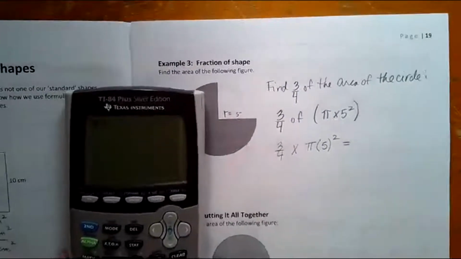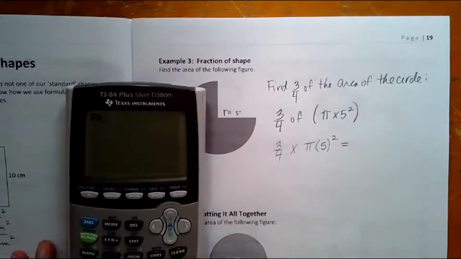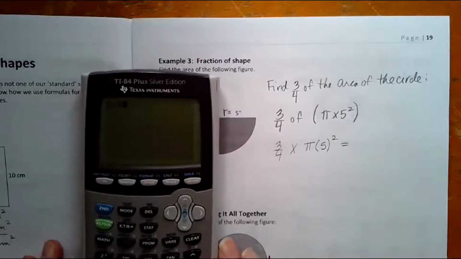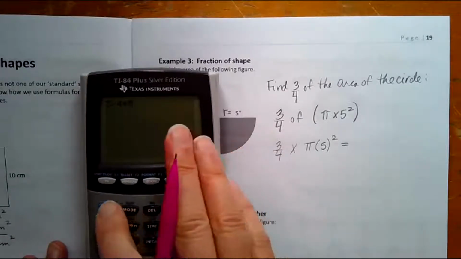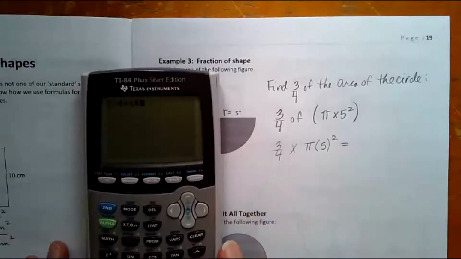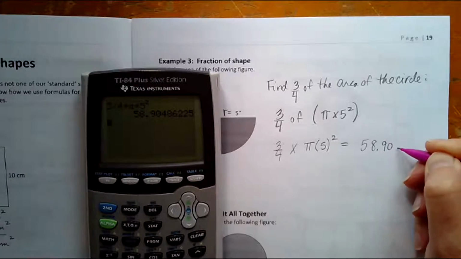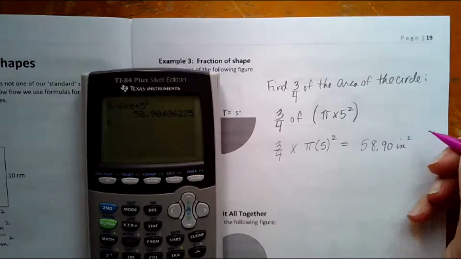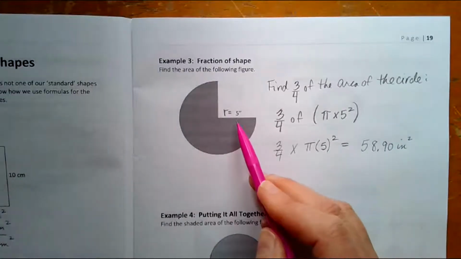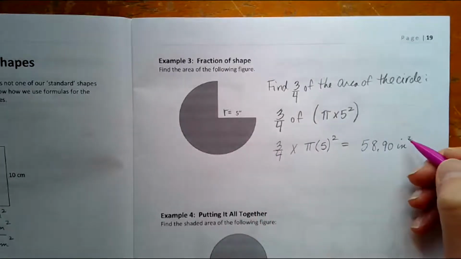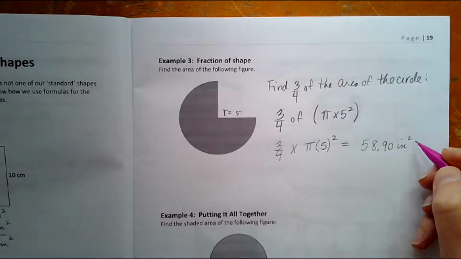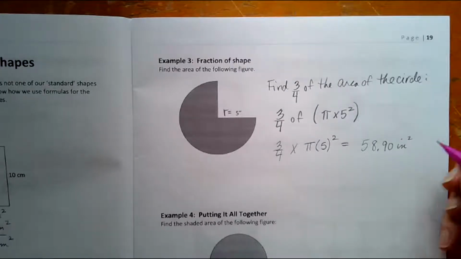So 3 divided by 4 times pi times 5 squared equals 58.90 inches squared. Notice I'm not going to use the symbol for inches, the two little notches, because if I use the two notches and a 2, it just looks like exponent 112. So I'm actually going to use the word inches, IN.